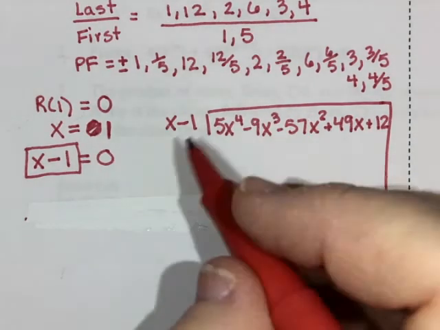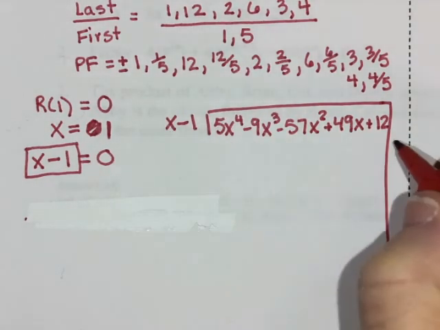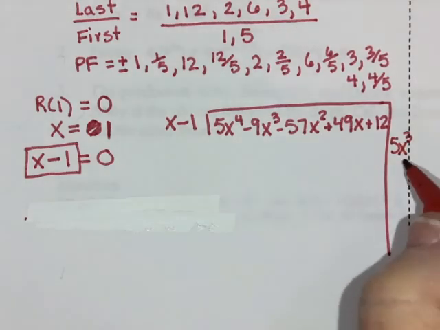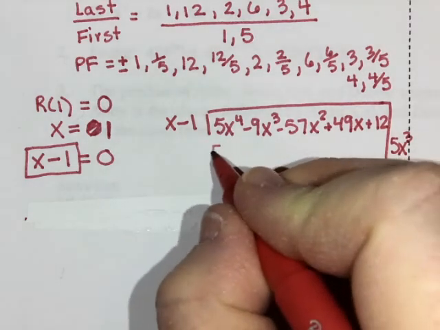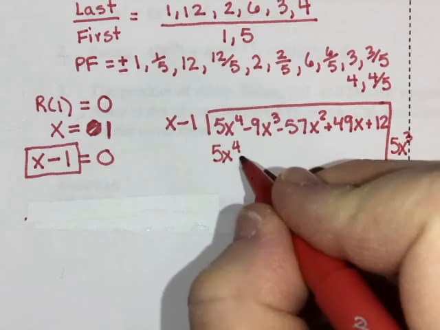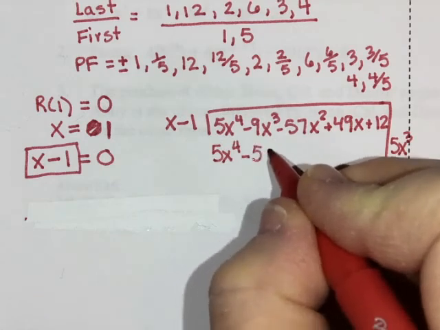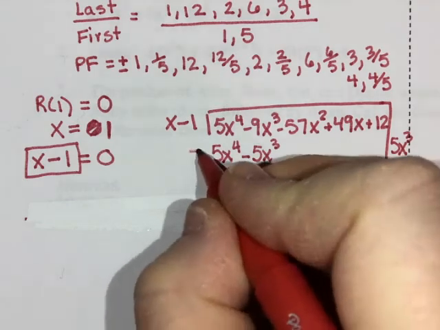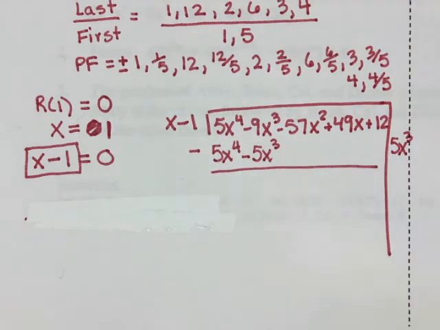Okay, how do I turn an x into a 5x to the 4? I would multiply by 5x to the power of 3. So 5x to the power of 3 times x is 5x to the power of 4. 5x to the power of 3 times negative 1 is negative 5x to the power of 3. And then I subtract. 5 minus 5 is 0.